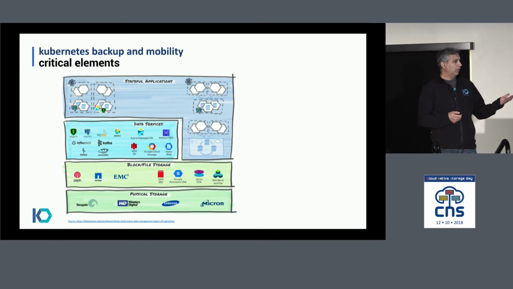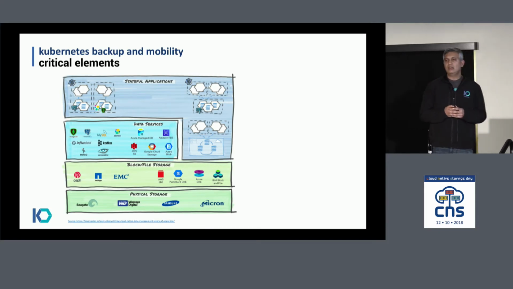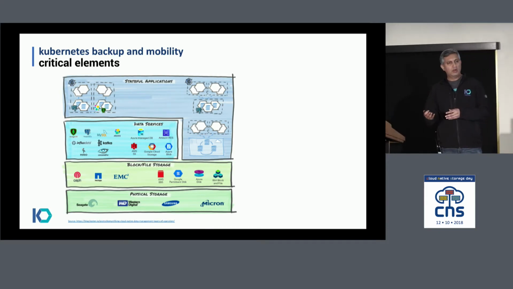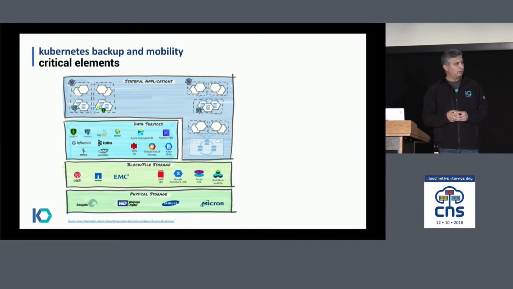And again, on top of that, you have databases or data services, and as an industry, we haven't quite settled on a common word for them, but these include SQL, non-SQL, whether it's streaming or graph databases, which under the covers obviously exercise block and file interfaces.